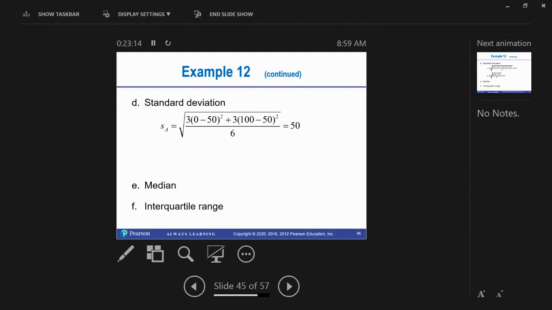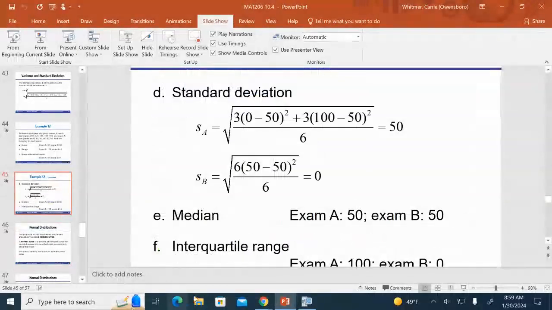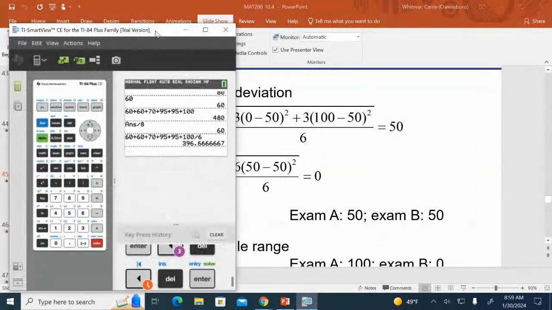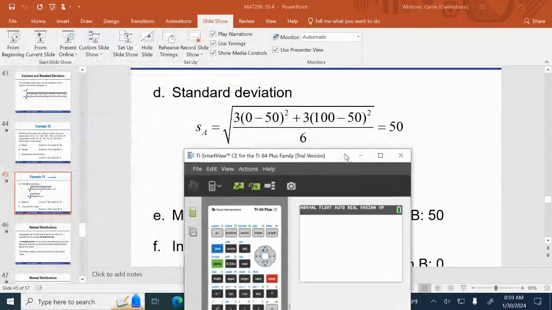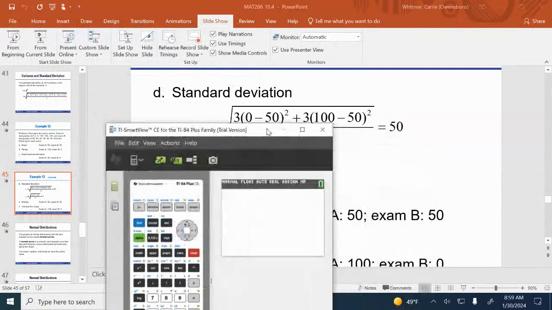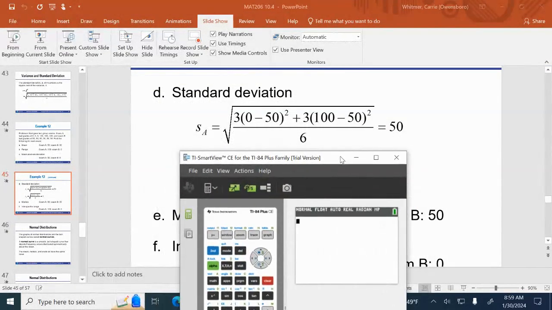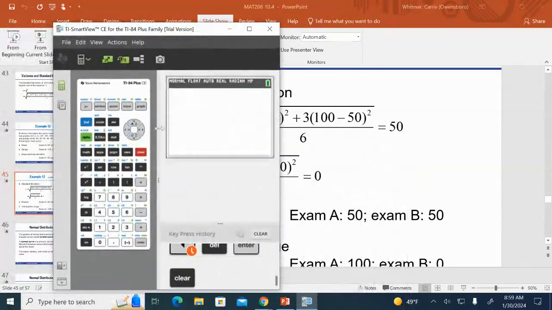Now, do we want to take a second to make sure you can put that in your calculator, okay? I feel like we probably should. Okay, if you have a TI 84, you can go to get your square root button.